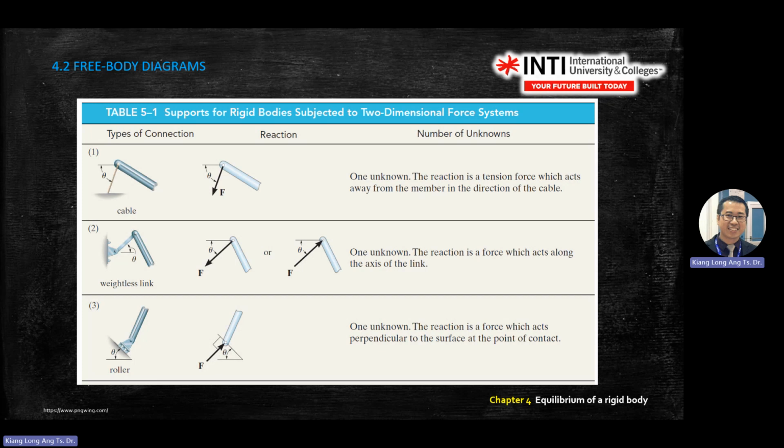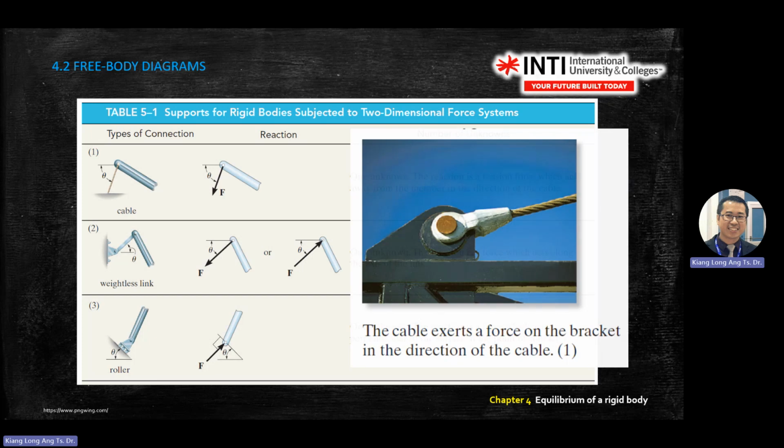When you draw a free body diagram, as long as you see an angle, remember to copy the angle to the free body diagram. You have already seen angles in chapters 1 to 3. Sometimes you're given the angle, sometimes you're given the triangular ratio, like 3, 4, 5, and others.